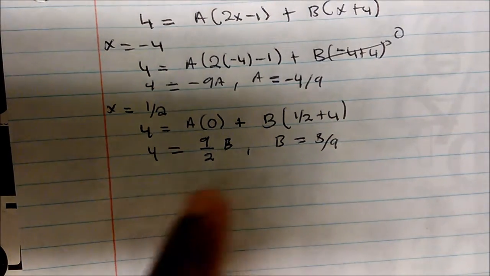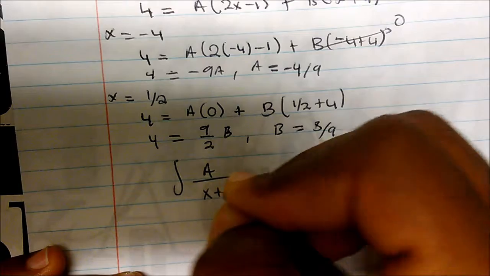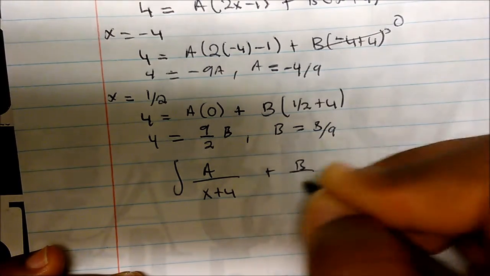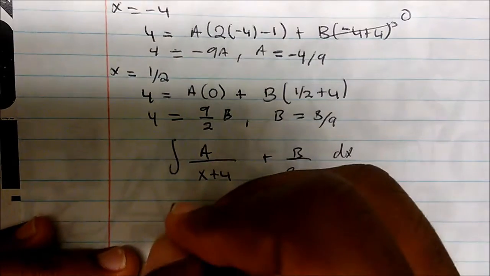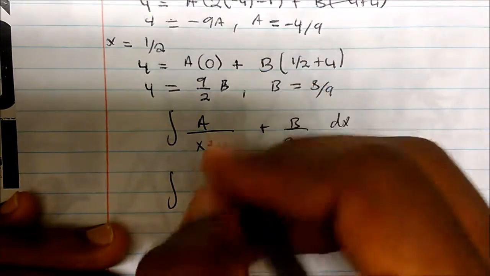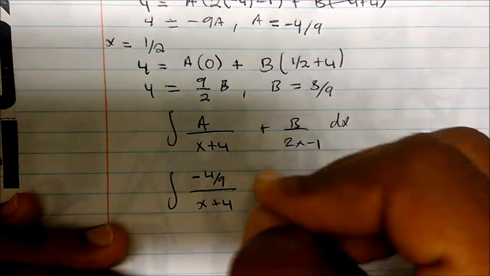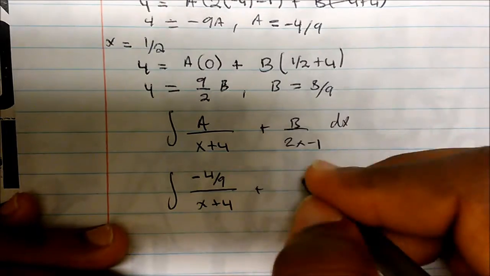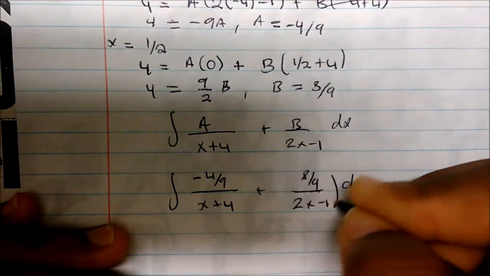Okay, and so knowing these factors are present, I could rewrite my integral as the integral of A over x plus 4 plus B over 2x minus 1 dx. If I substitute the values, A was negative 4 over 9, so this becomes negative 4 over 9 times x plus 4, plus, B was 8 over 9, so 8 over 9 times 2x minus 1 dx.